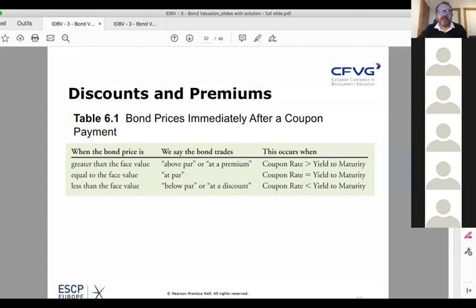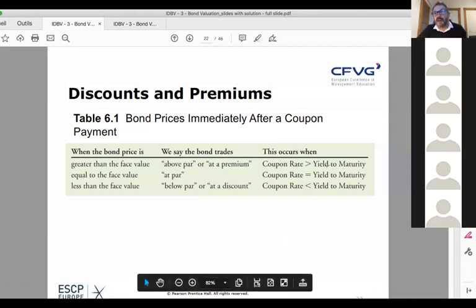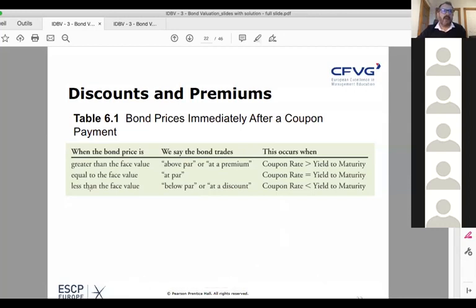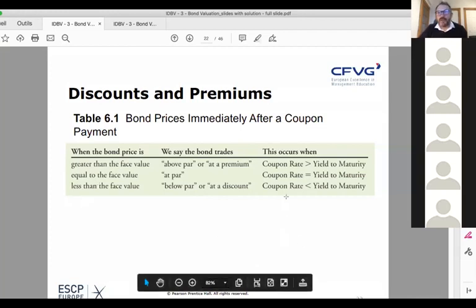So it certainly means that your coupon rate is higher than the yield to maturity, and your bond trades at a premium. If your bond has a value which is less than the face value, it certainly means that this bond is not very interesting currently. So the coupon rate offered by the bond is certainly lower than the yield to maturity.